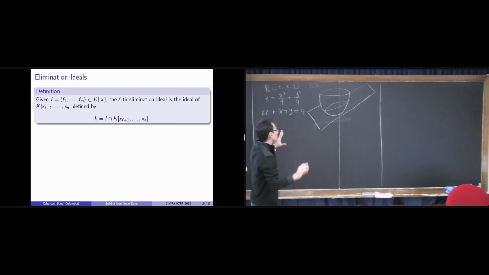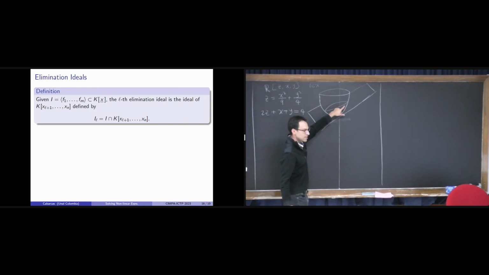And we can imagine how the plane is going to cut this paraboloid. It's going to be an ellipse. And when we think about the system of equations and its solutions, what we're thinking of is precisely this set of solutions of the system of equations.